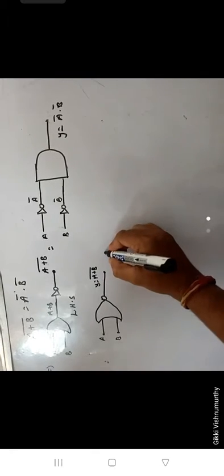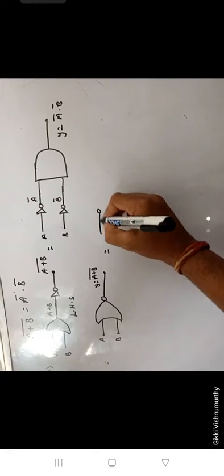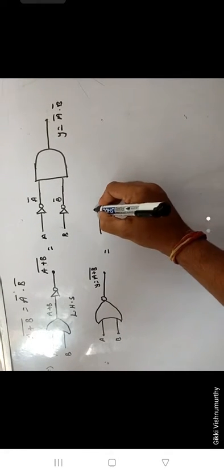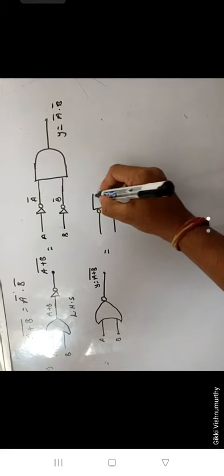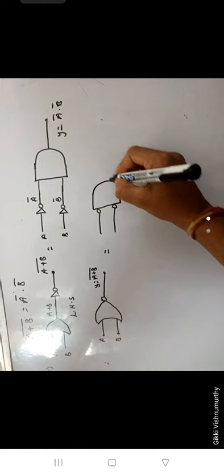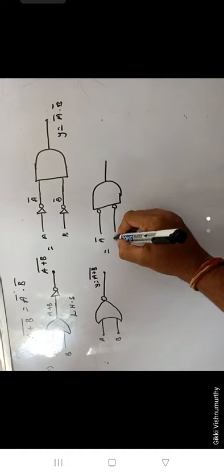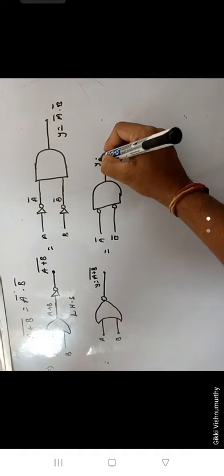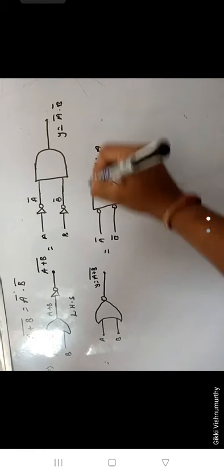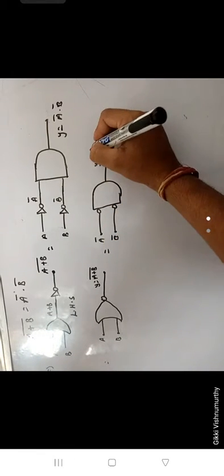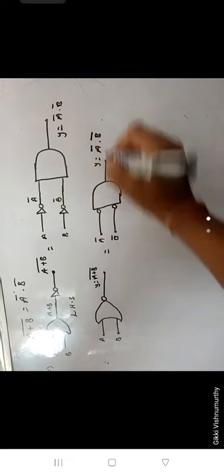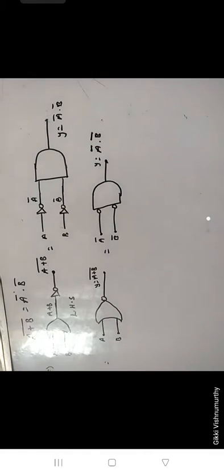It is equal to, here taking another bubble, bubble means NOT gate, for the inputs A bar and B bar, so Y is equal to A bar dot B bar. So this is the construction of the logic circuit for the De Morgan first law, LHS and RHS.